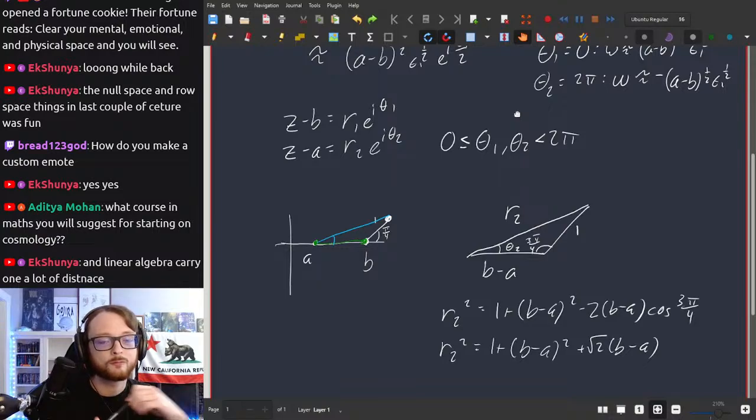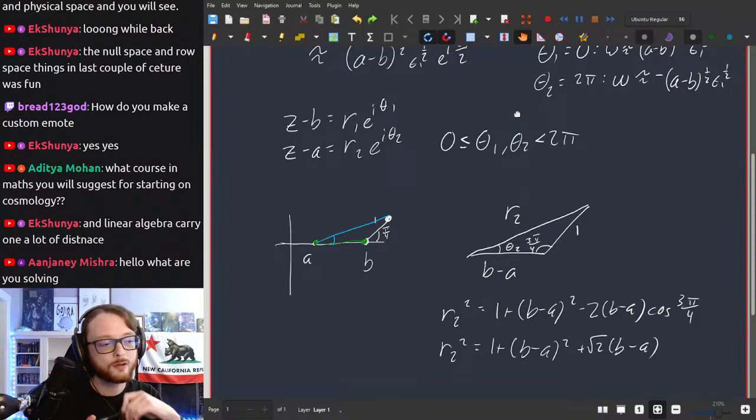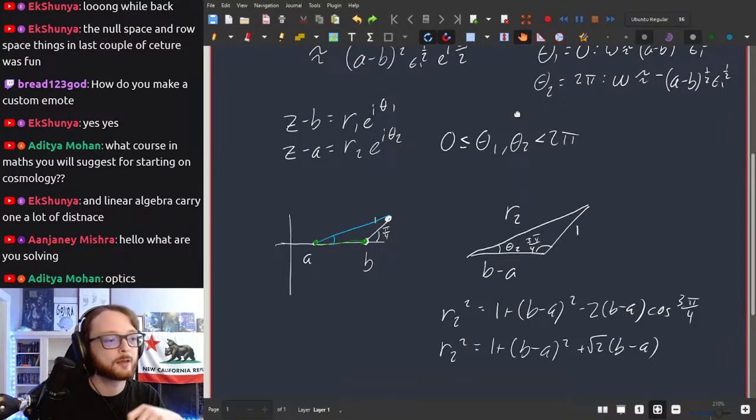Besides maybe waves in physics or something like that. Optics, yeah. That's a better term. I don't know offhand, but I'll probably just try and look up cosmology degrees from universities and see what they require students to take.